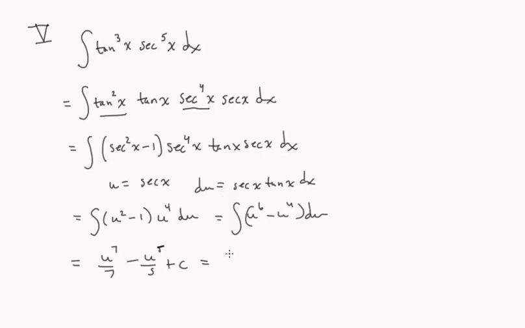Converting back to x, we have secant to the power of 7x over 7 minus secant to the power of 5x over 5 plus c. That is the end of lesson 2. Please do the homework in class carefully so that you cement all these concepts.